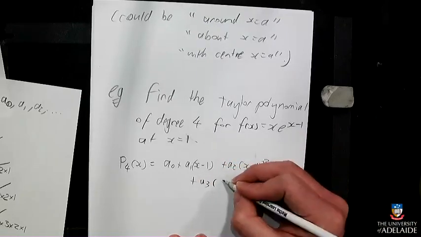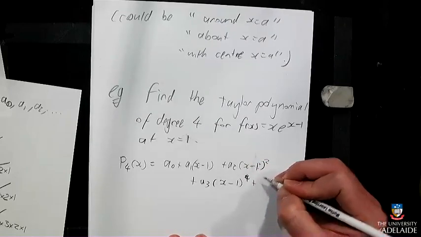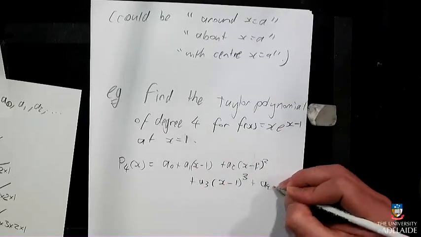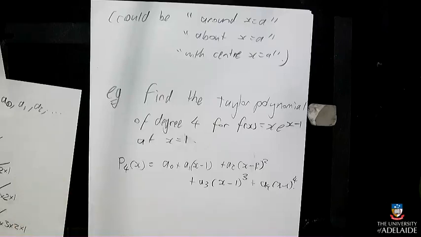You don't have to write this thing with the a's like I have. It'll be something like that as long as we choose those letters a correctly. And I can figure them out.